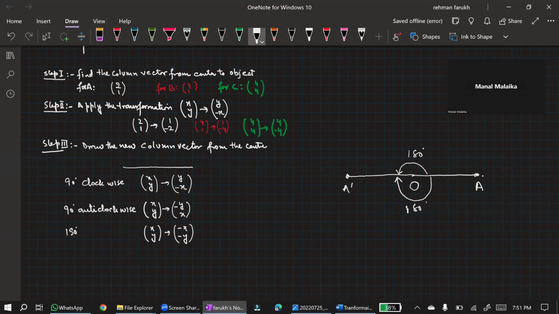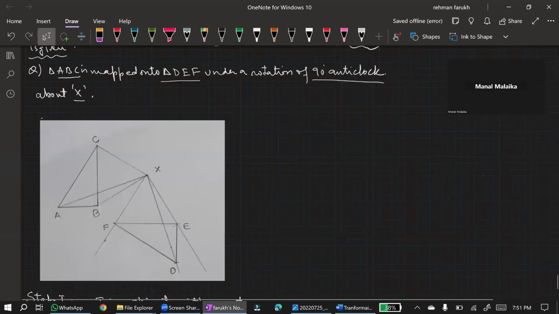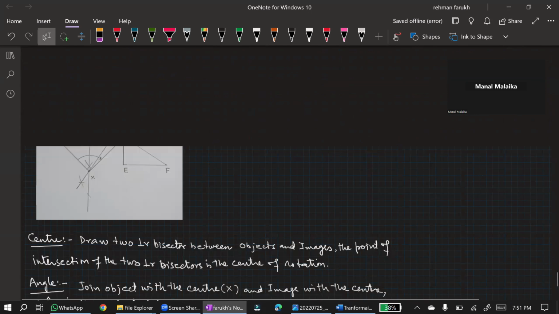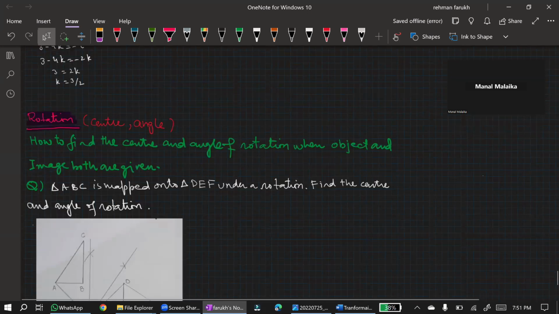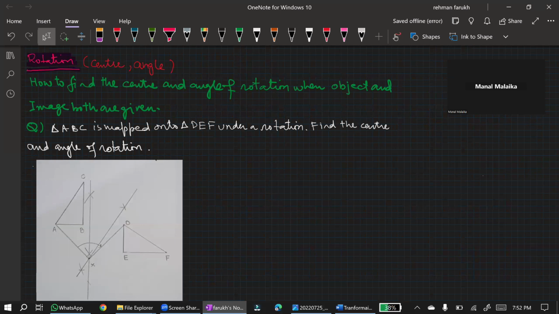In both cases, the answer is the same. Is there any question? No, sir. Now this one is all about rotation, and you will attempt questions about rotation from the book, and we will discuss the questions tomorrow, inshallah.